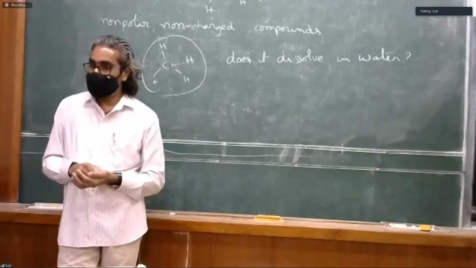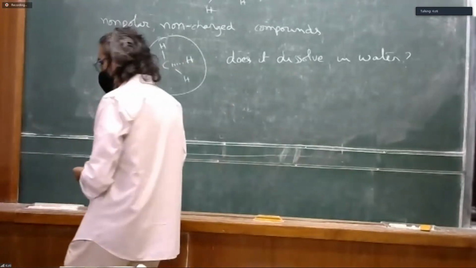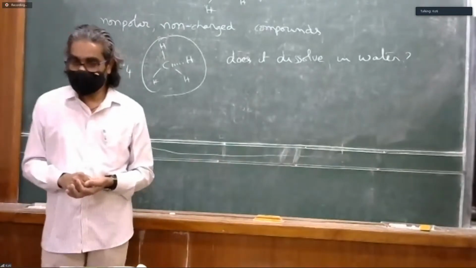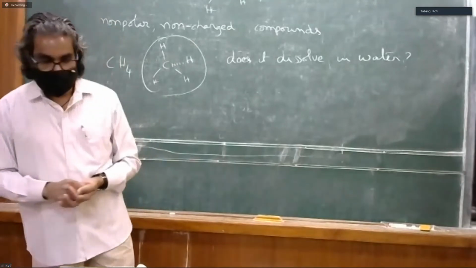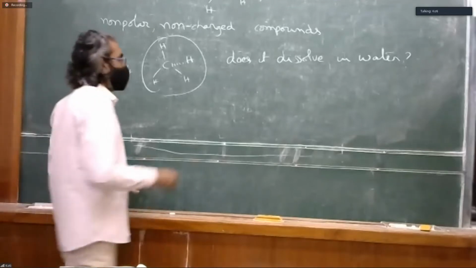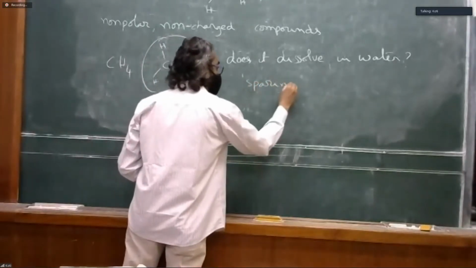Methane also gets dissolved, but not as much as sodium chloride. That's the only difference. Because the solubility is very low, we sometimes call it sparingly soluble.